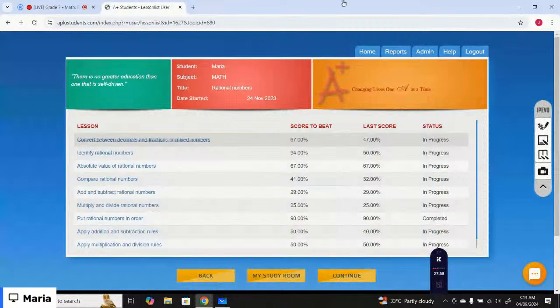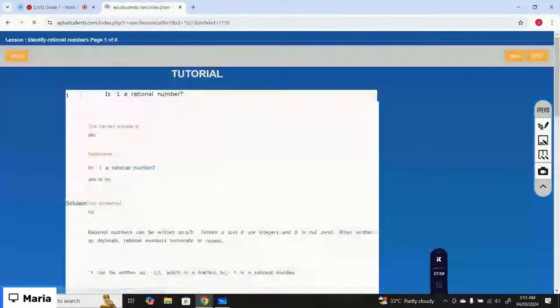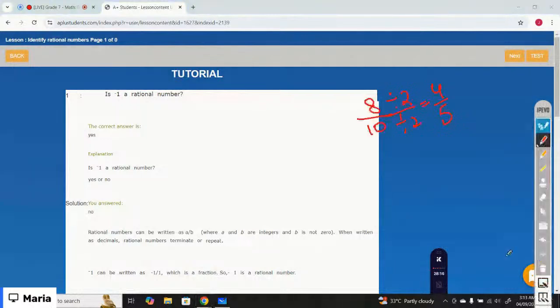Okay, the next lesson is identify rational numbers. So let's just start with the lesson. The first one is, is negative 1 a rational number? So the first thing we need to learn is what rational numbers are. Rational numbers are the numbers that can be written in the form a by b, and b is not equal to 0, right?